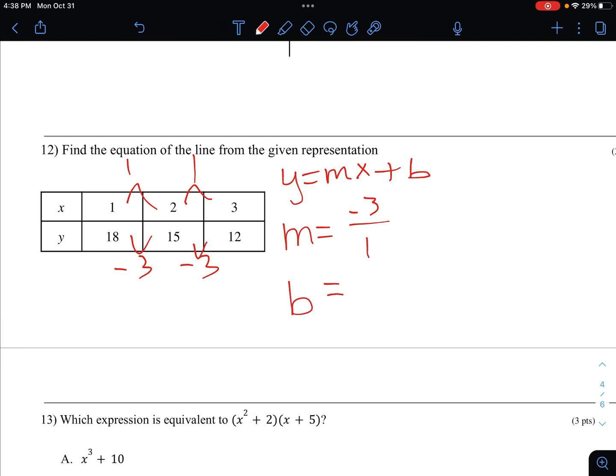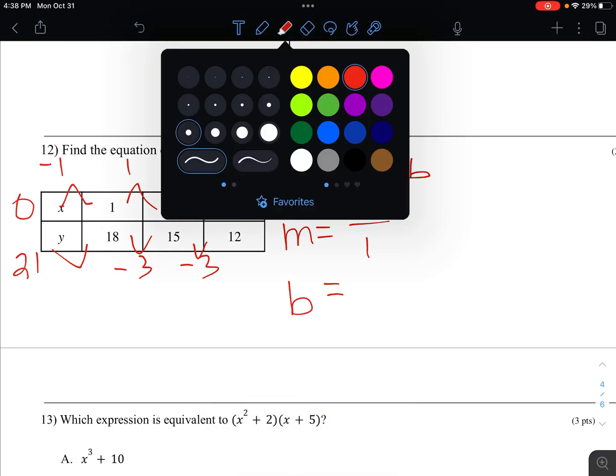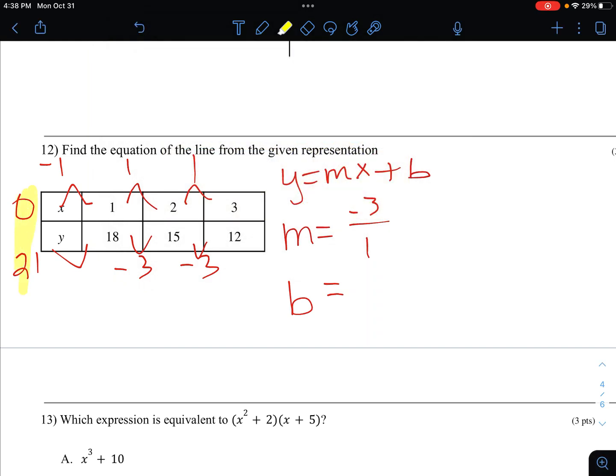For our b term, we can work backwards. We start at 18. If we subtract 1, we get back to 0, which means we need to add 3, which means we start at 21. In order to find where your graph starts, you always need to figure out where in my table does x equal 0. That's my starting point.